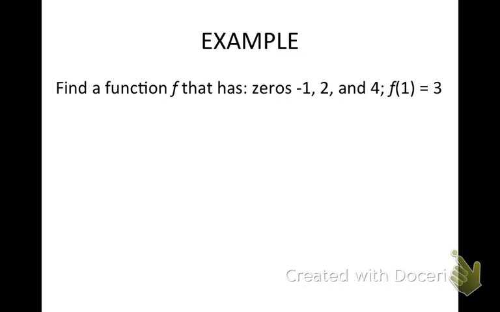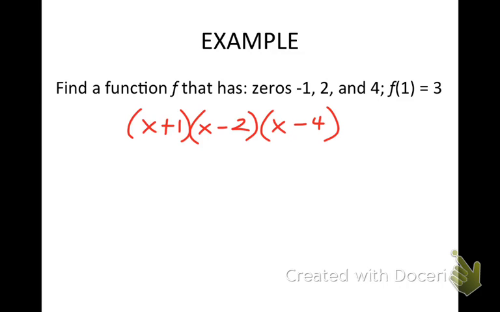Now think backwards. If I have a zero of -1, what would that look like in linear factored form? Good. So x plus 1. If I have a zero of 2, that would be x minus 2. And if I had a zero of 4, it would be x minus 4. That's the easy part. Okay? That's not very hard, right? If I didn't have this extra condition, then I would be done.